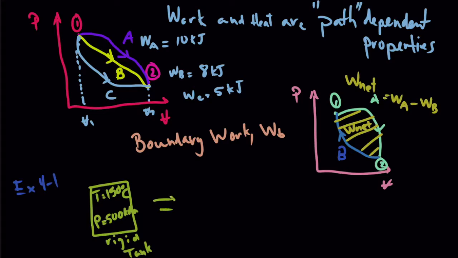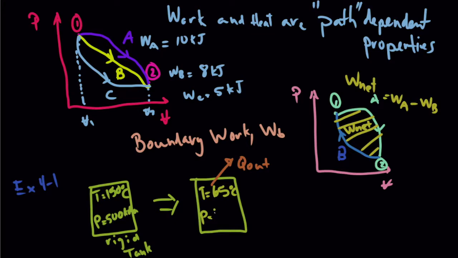And then sometime in the future, once we remove heat from this tank, so let's assume that some heat is removed from the tank and that's coming out, the temperature in here drops to 65 and the pressure will drop as well to 400 kilopascal. So now find the boundary work.